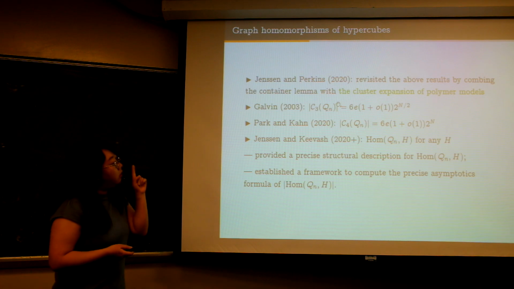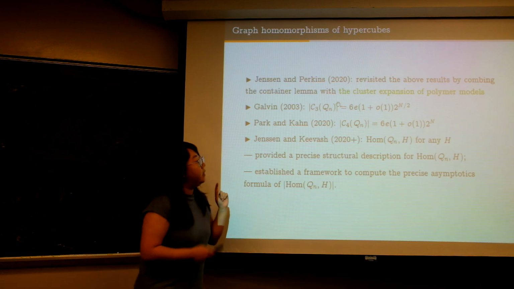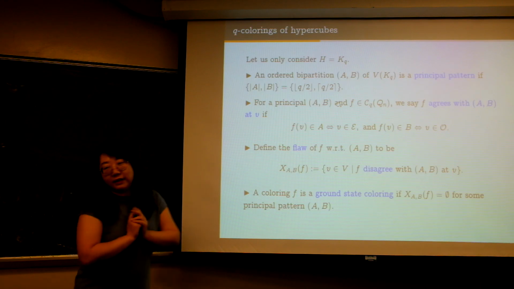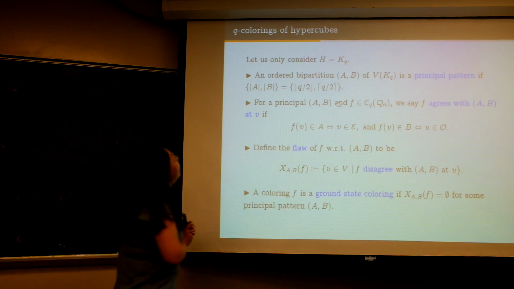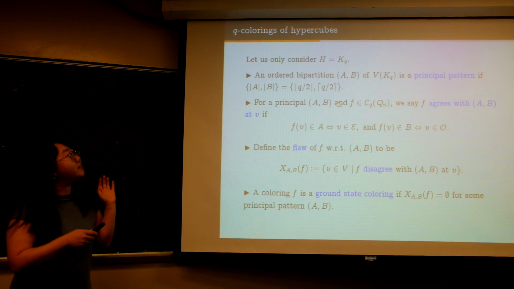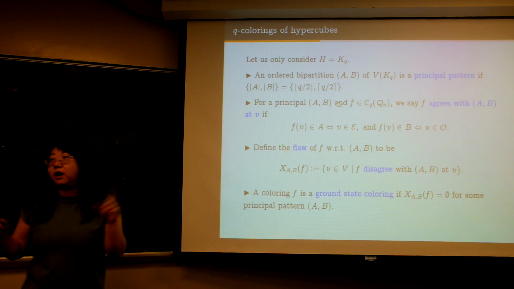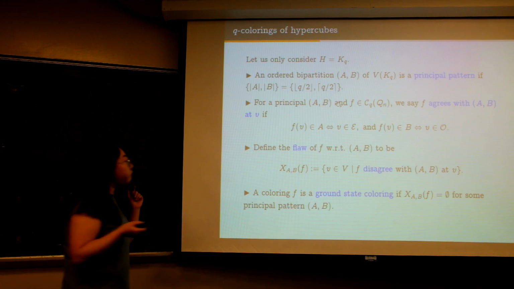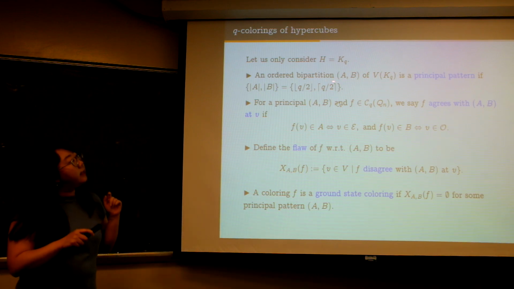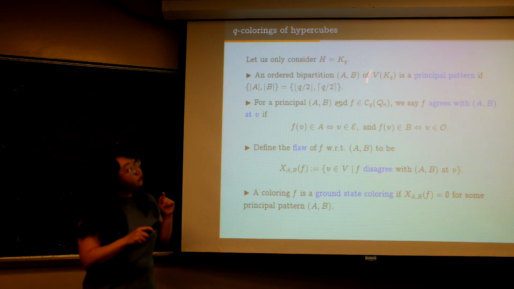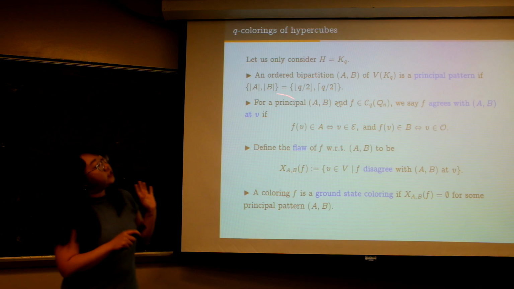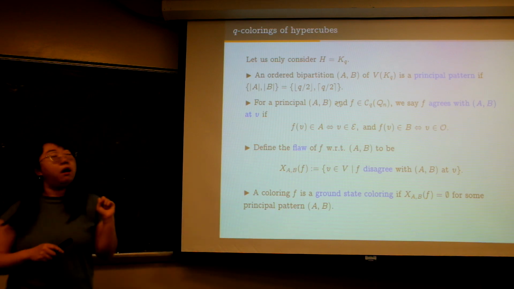In order to explain what this structural description is, I need some more definitions. For convenience here, let's just think about when H is K_Q, which is the proper Q-colorings. We say an ordered bipartition (A, B) of the Q colors is a principal pattern if they have roughly the same size.